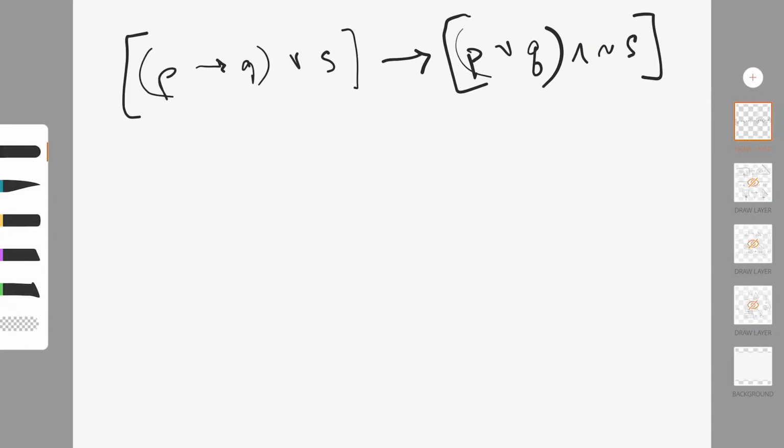Well, you have several to choose from. You have a material implication here, you have or here, you have material implication here, another or, an and, and a negation sign. So what we want to do is look at the scope, in other words, the jurisdiction, for each one of these different operators and ask which is the operator of largest scope.